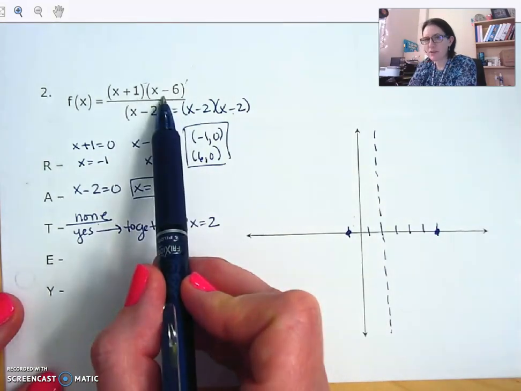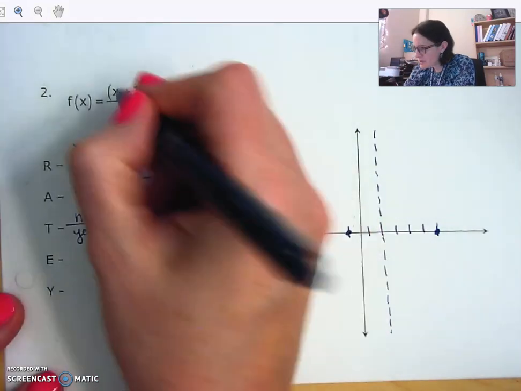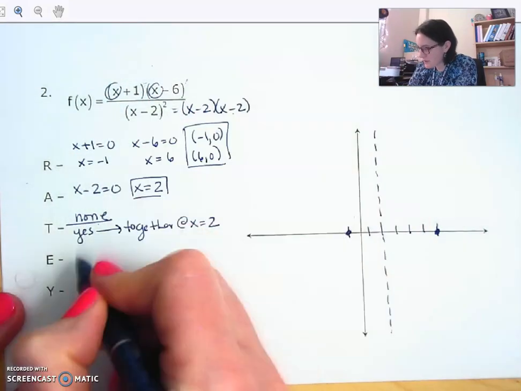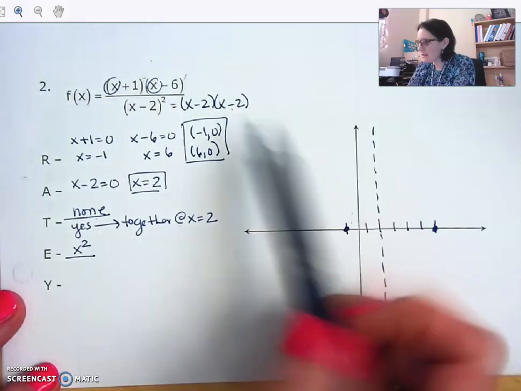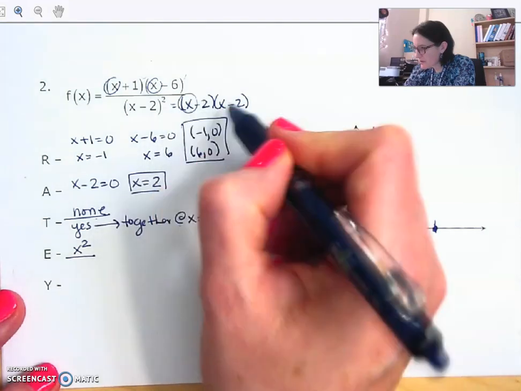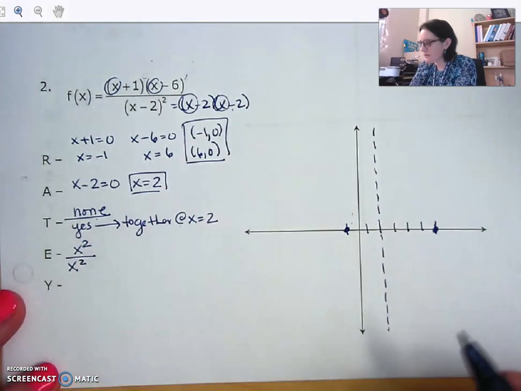Now we don't have to go through the entire process when I only need the first term. So I'm just going to do the first terms only. That would give me x squared in my numerator. And same thing on the bottom, x minus 2 times itself. I'm only interested in what the first term would be, and it would be x times x, or x squared.